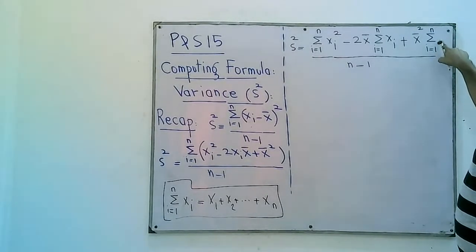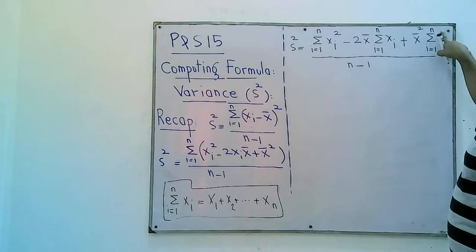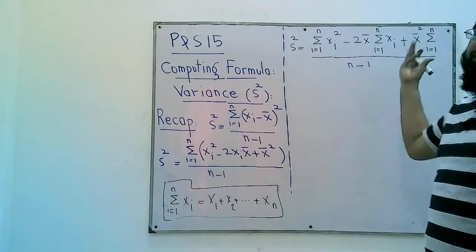Right, let's see what this means. Summation of i from 1 to n, with nothing on the right side of it.